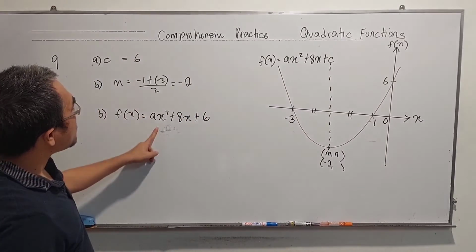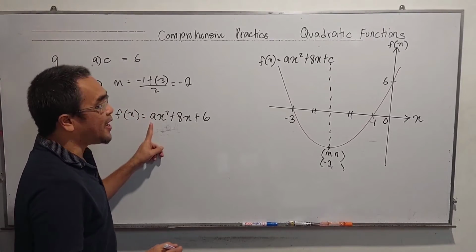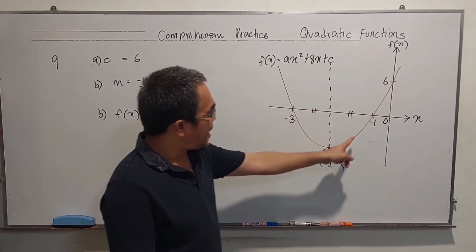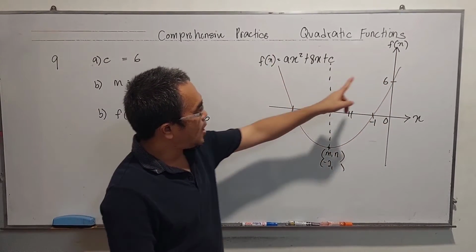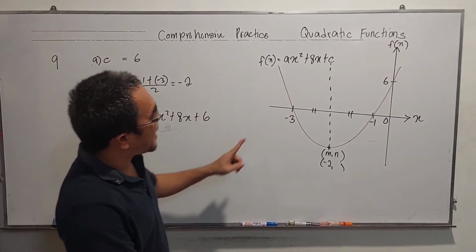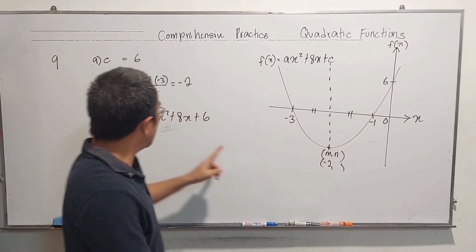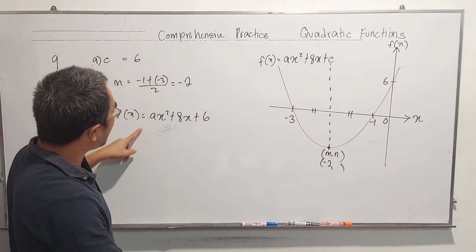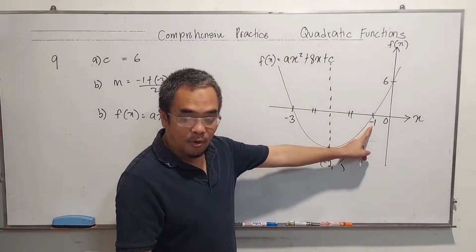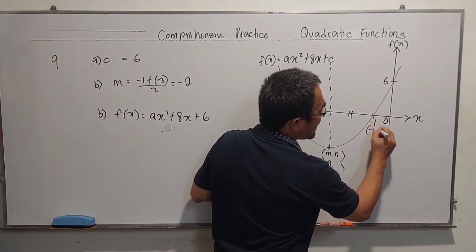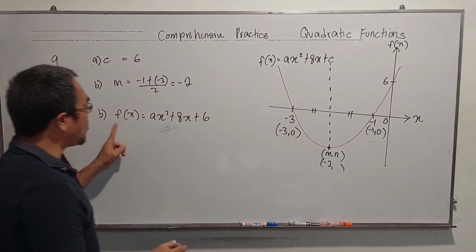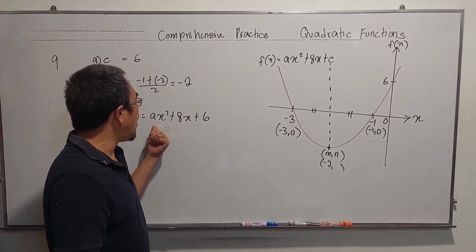So how to calculate the value of a: you have the 6 here, and have you replaced any of the coordinates on the line into the equation? Not yet. So you can pick either coordinate, (-1, 0) or (-3, 0), in the equation in order to calculate the value of a.